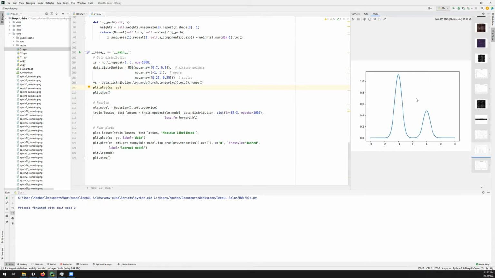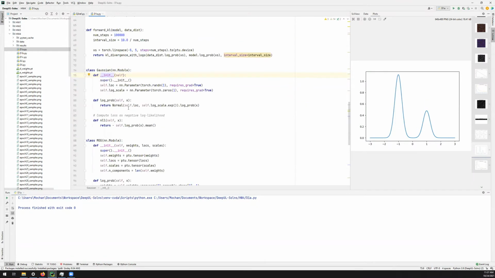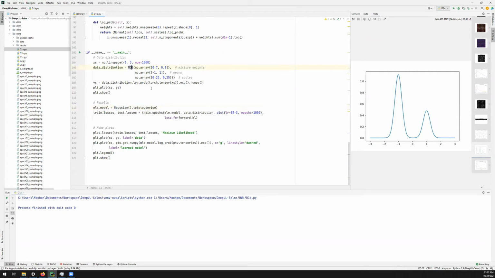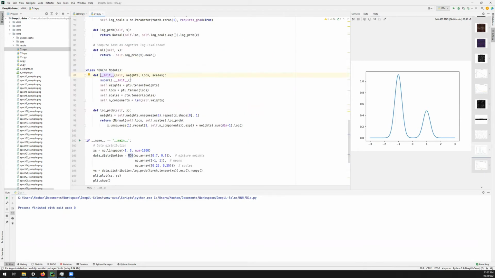So we start out with this. There's the plot here. It shows the mixture of Gaussians. This is our data. And then the next one is a single Gaussian. Let's look at the mixture of Gaussians first. We take the norm, do the log probability, and sum it all up.